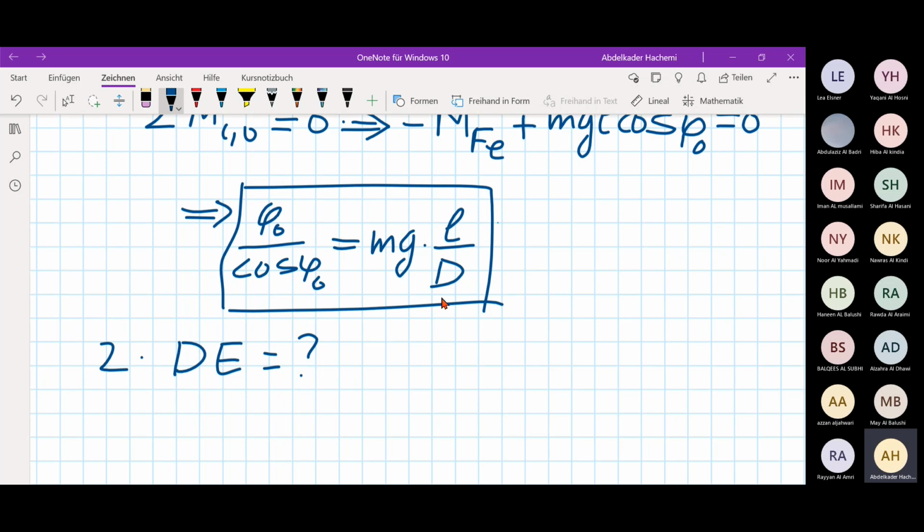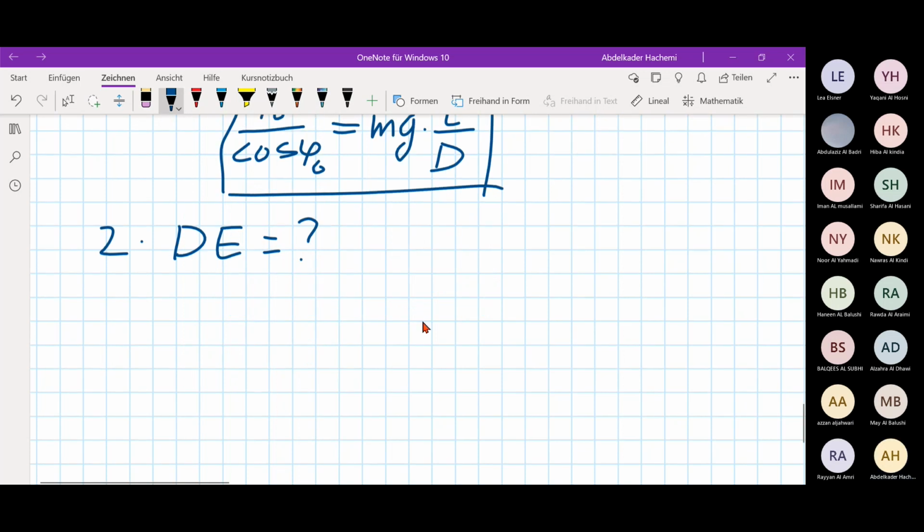We have seen that there are different ways to obtain this differential equation, either by Newton, D'Alembert, the momentum, and so on. Now we are trying to do this with the conservation of energy. And we said if there is conservation of energy, then it means the potential plus the kinetic energy will be constant.